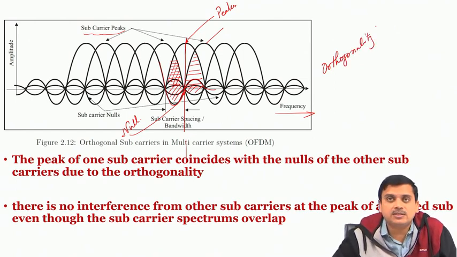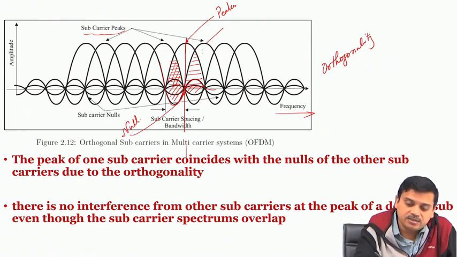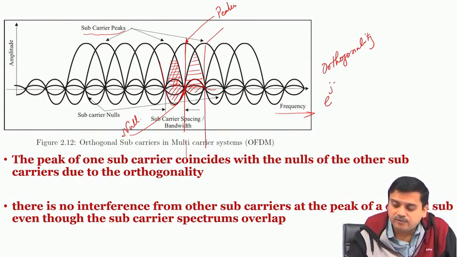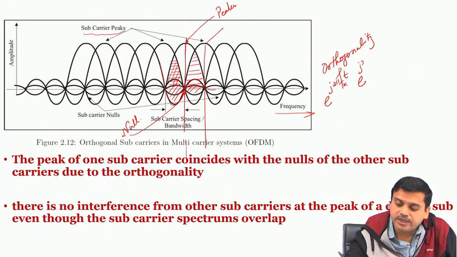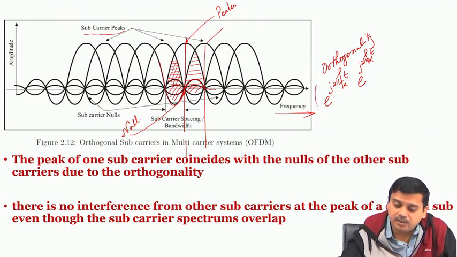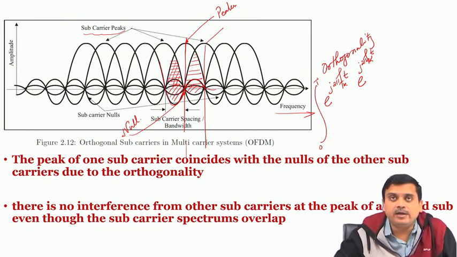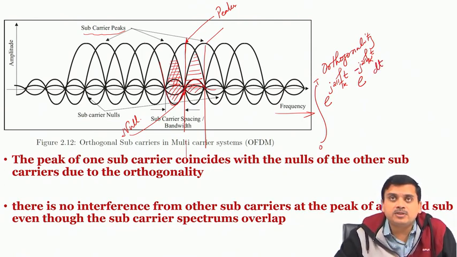We discussed in the previous class, and we also mentioned in today's beginning part, that each of these carriers, which you are calling subcarriers, is e to the power of j 2 pi f k t, and the neighboring carrier is e to the power of j 2 pi f k prime t. If we try to see the projection of one on another and take the integration over the interval 0 to T, this is exactly what we have done to find the condition for orthogonality.